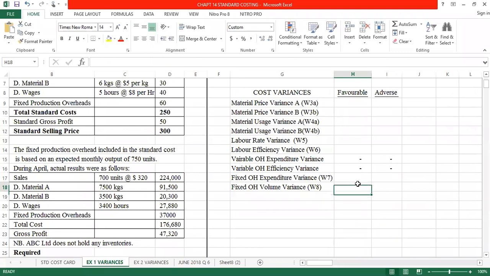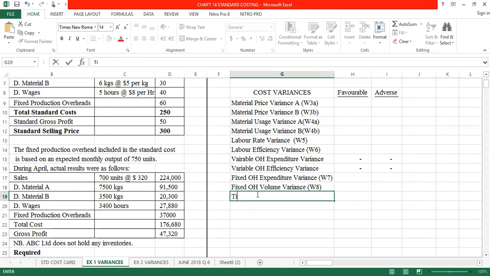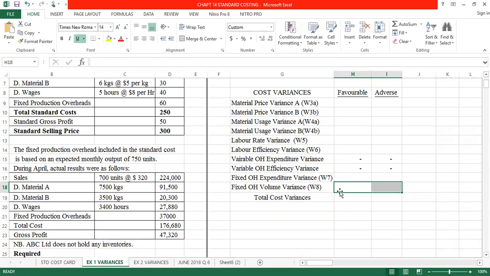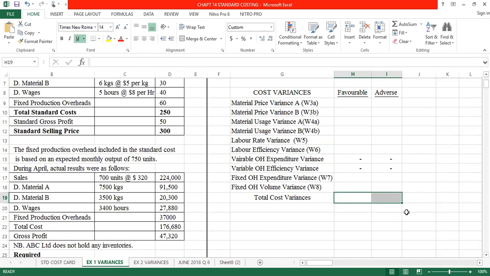So you will get your answer, and then now you get the total cost variances. You come and get the total of these, and you also come and get the total down there. And then you get the answer there.